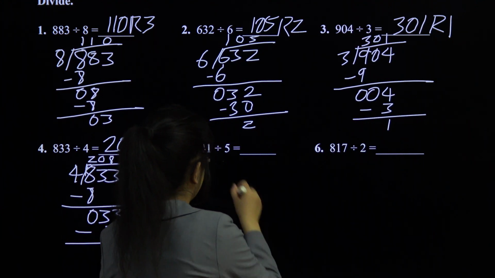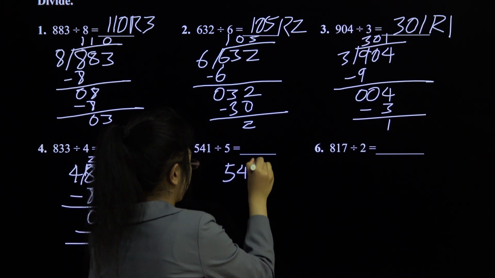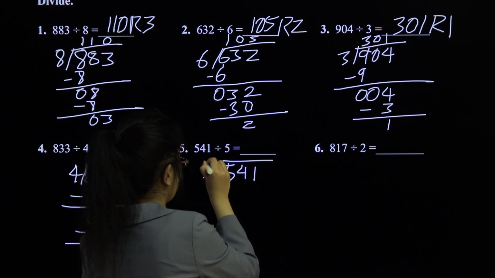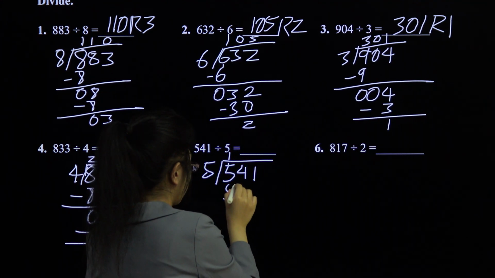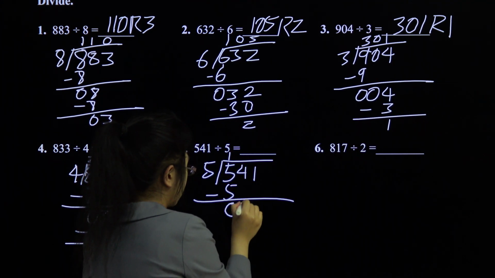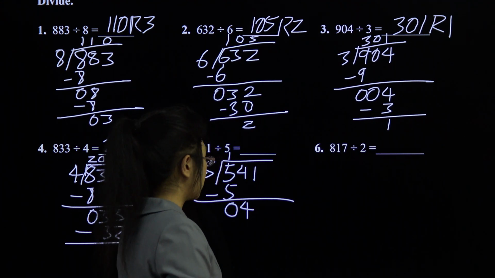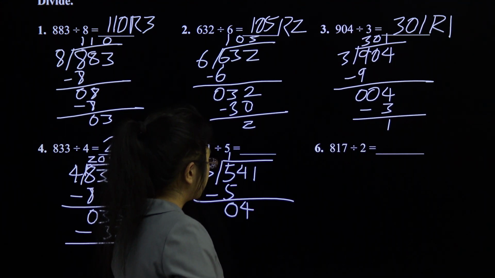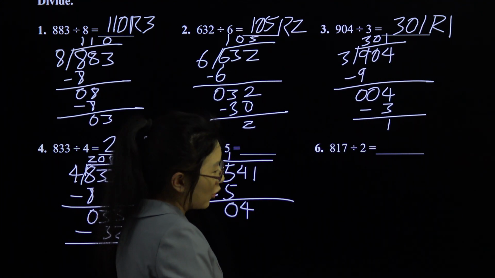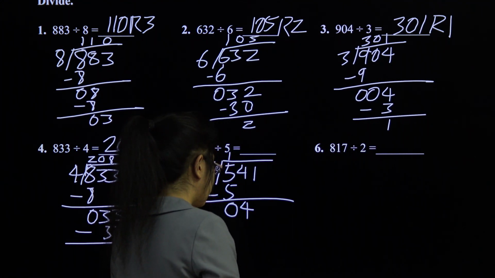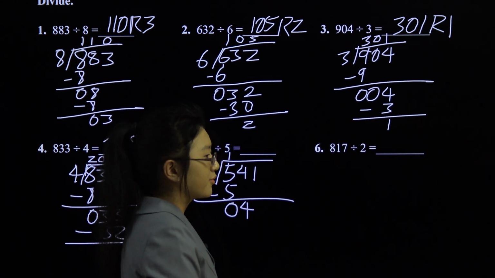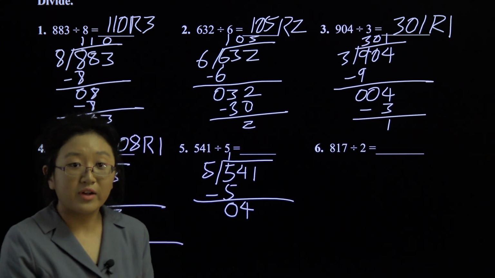541 divided by 5. 5 goes into 5 once. You subtract, you get 0, and then you drag down the next digit, which is a 4. But then, well, you see, it's a 4. And that is a problem because 5 doesn't go into 4.